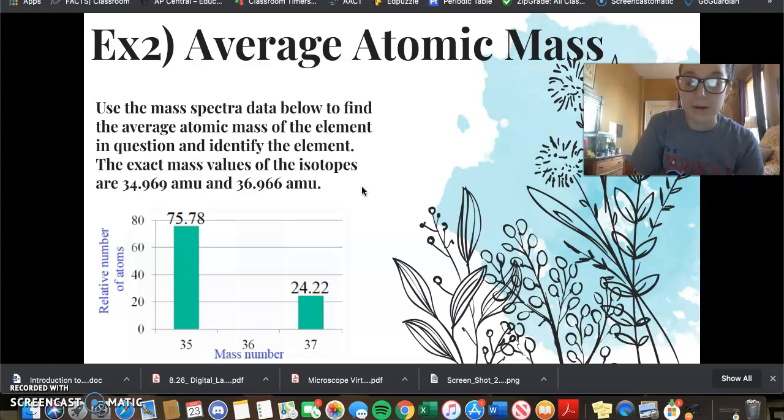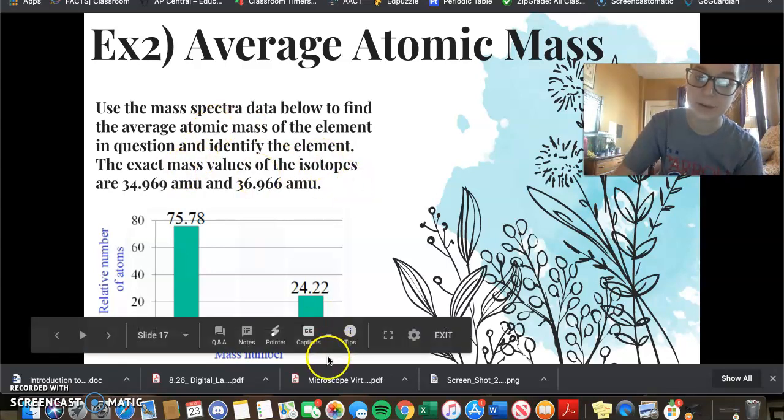So the mass number 35 of whatever this element is present in a 75.78% abundance, whereas the isotope 37 is present in a 24.22% abundance. They give us the exact mass values, so we don't have to round to 37 and 35. We have these values here that we can replace to be a little bit more accurate.